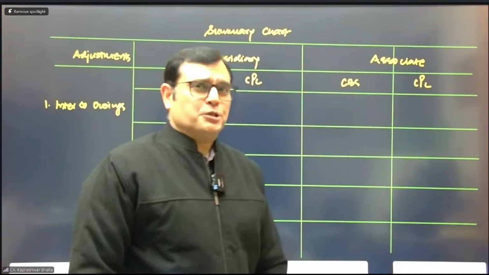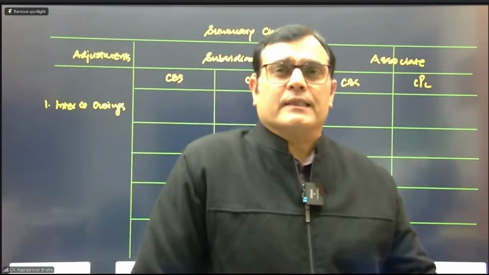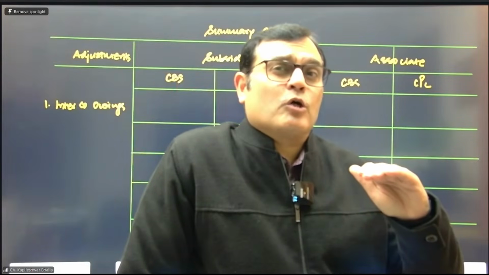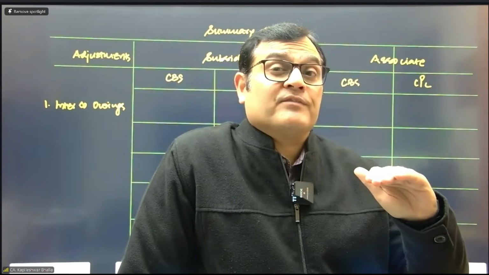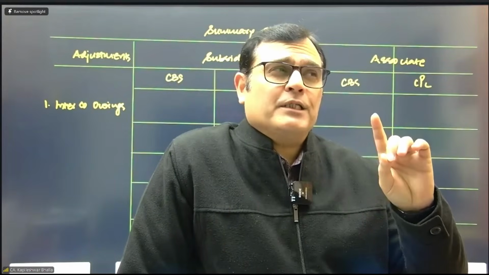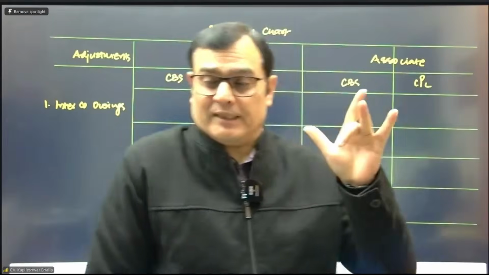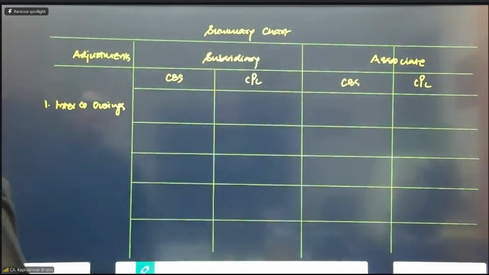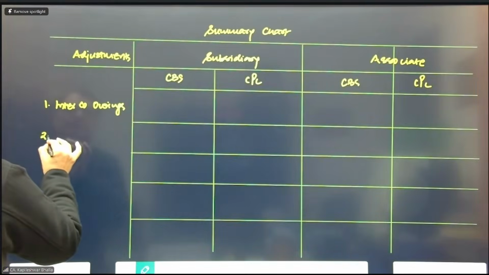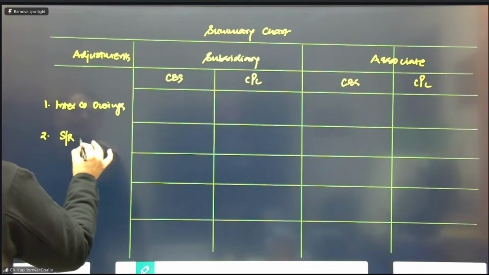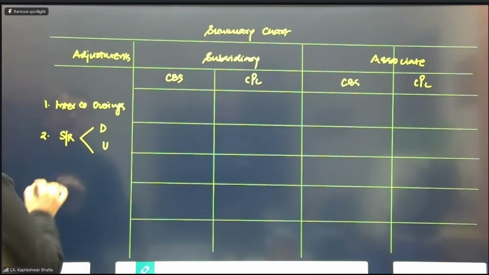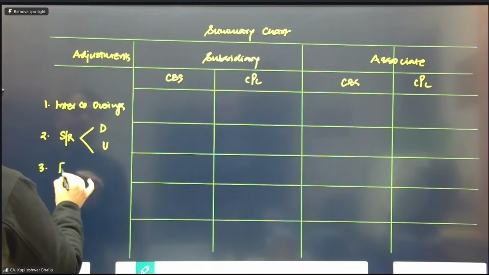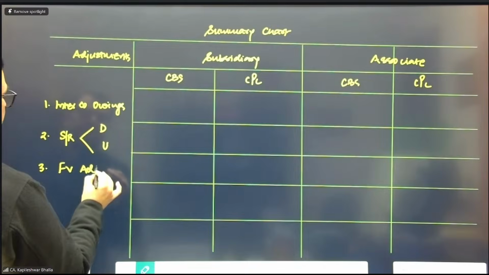Now, in the balance sheet, for an associate, I'm considering that let's say you get a comprehensive question and you have to make a run through of all the 7 steps. So I'm going to visualize what is to be done in the 7 steps. That's going to be a better deal in this case. So intercompany owings, then stock reserve, if it is downstream and upstream. Then we're going to look at the fair value adjustments.